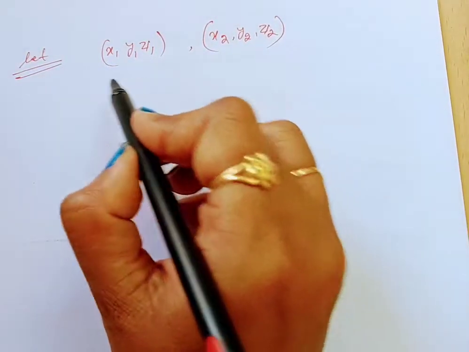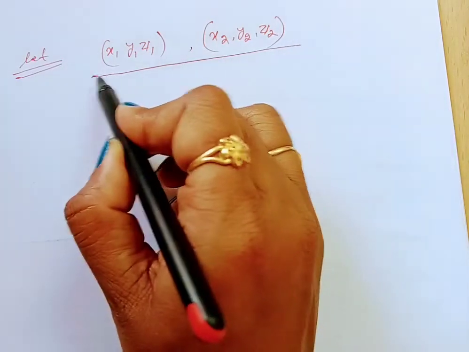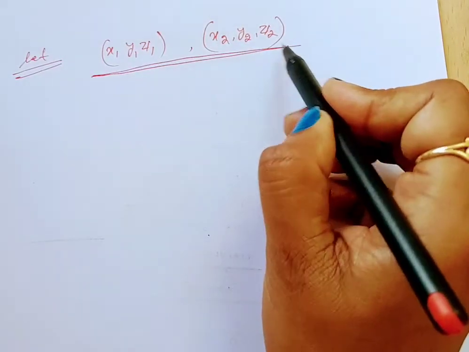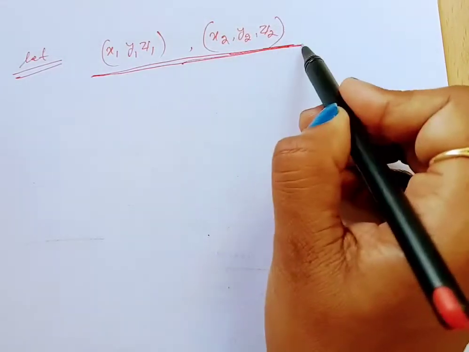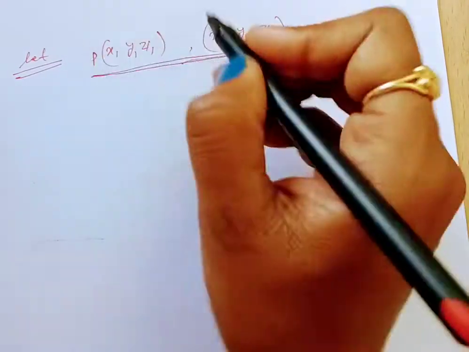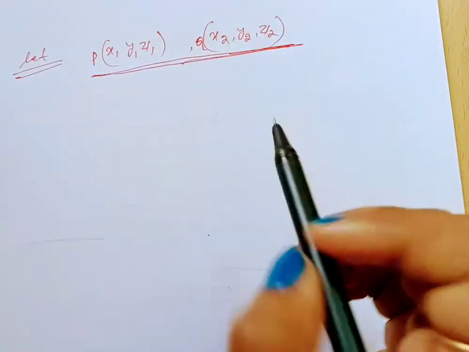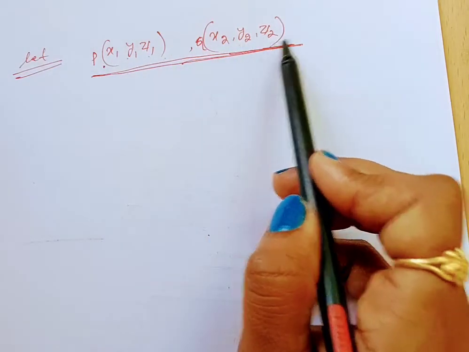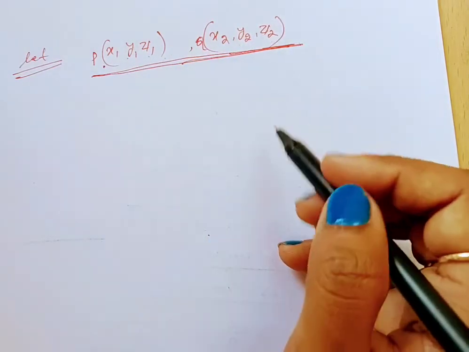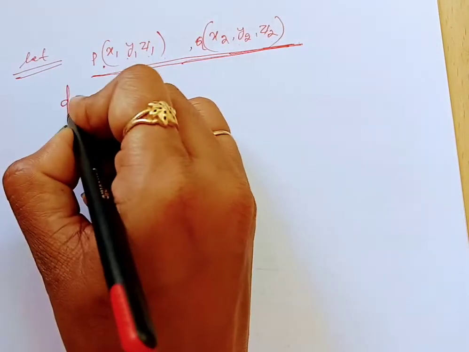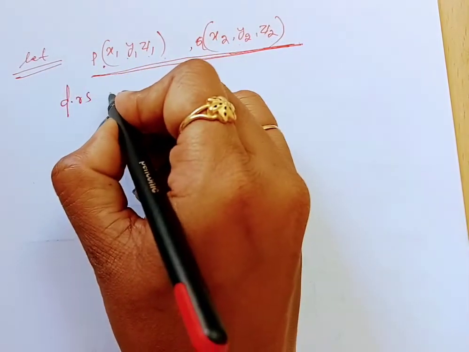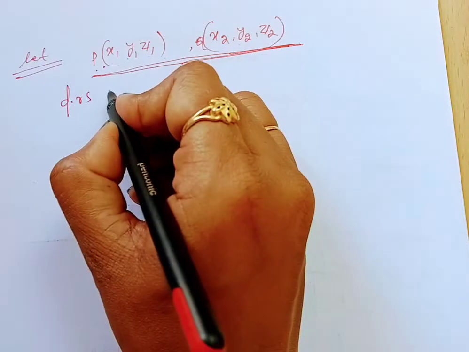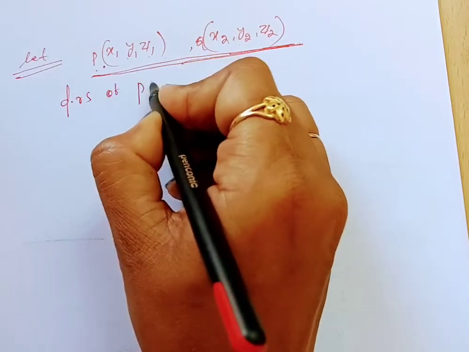You have to find the direction ratios of the line joining these two points. Suppose P and Q are two points having coordinates x1, y1, z1 and x2, y2, z2. How do we find the direction ratios of the line joining them, that is, the direction ratios of PQ?